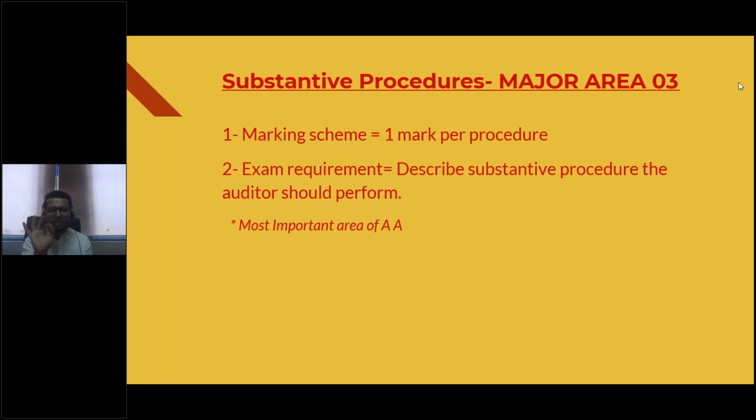So if a question comes up in the exam asking you to describe 5 substantive procedures in order to verify the receivables of the client, and you know 10 procedures, and you end up writing all those 10, there is no point in doing that. You should think, plan, and sensibly, with a conscious mind, write only 5 procedures according to the marking scheme.